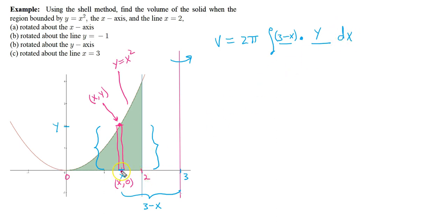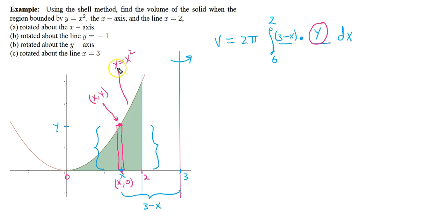And the x still varies from 0 to 2. Don't be tricked. It doesn't vary from 0 to 3. It only goes from 0 to 2. This x right here varies from here to here. It doesn't go up to 3. So 0 to 2 yet. And then, of course, we need to replace what y is. Well, that y came from this point right here.